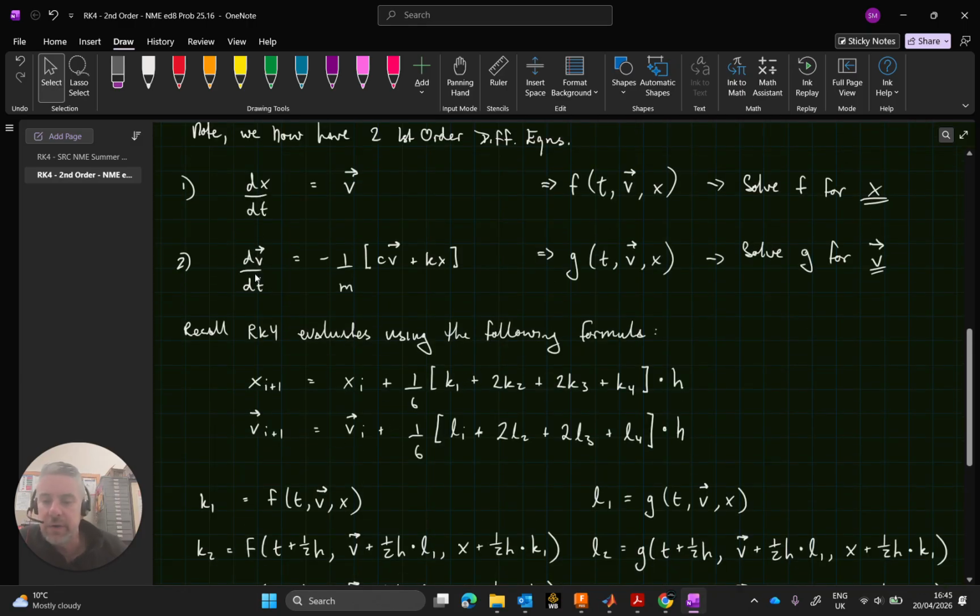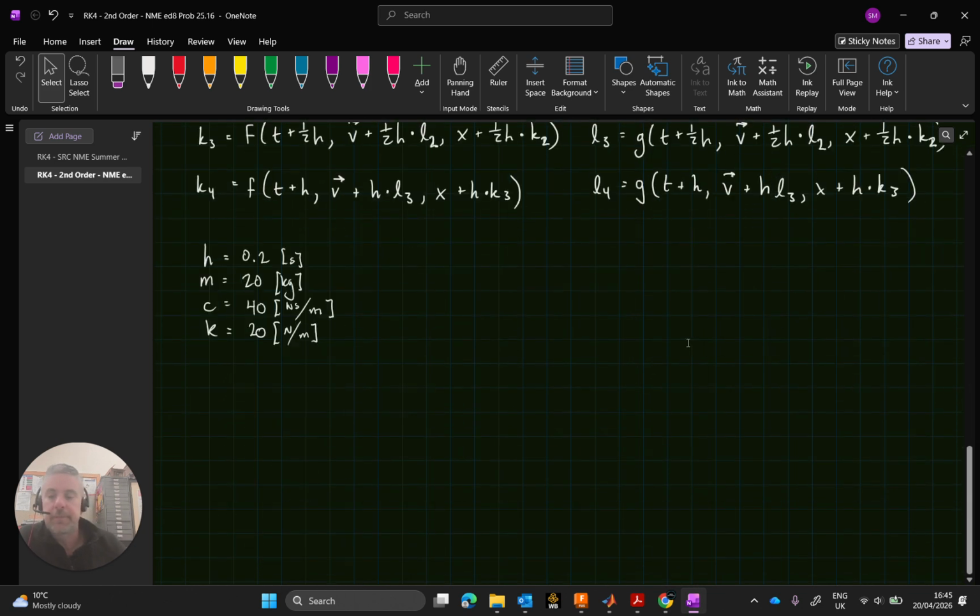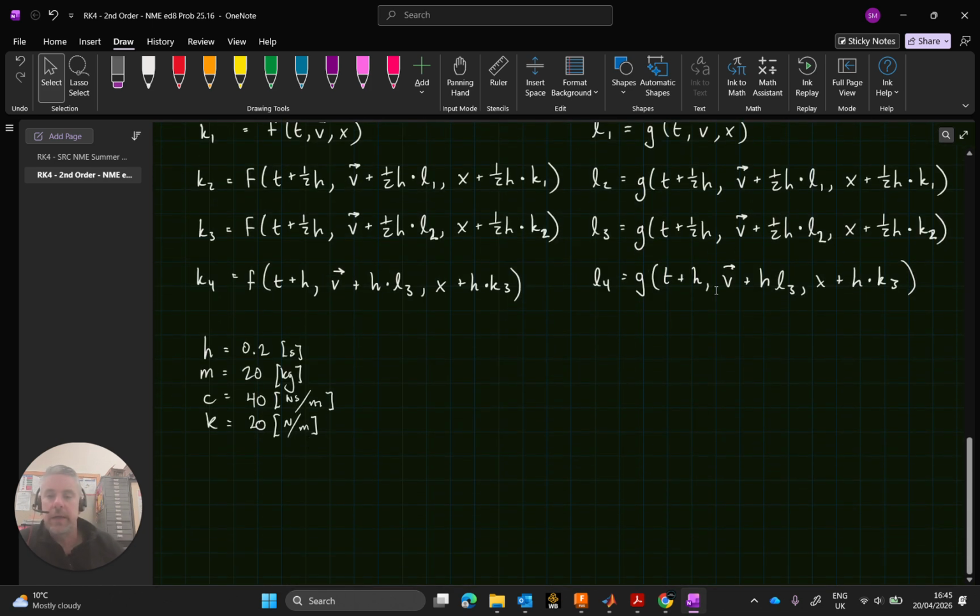And of course, solving dv dt, which is my acceleration, is this function here. I'll be looking at the g function, and having solved that, it'll give me a v, which uses my L slopes. Okay, so let's calculate out K1 first.